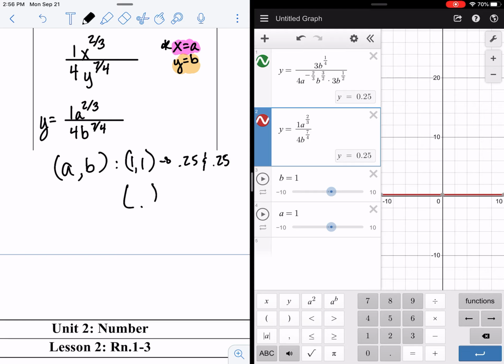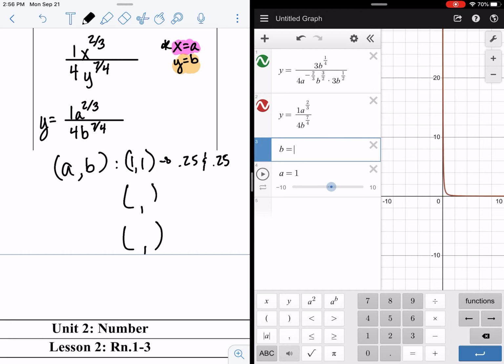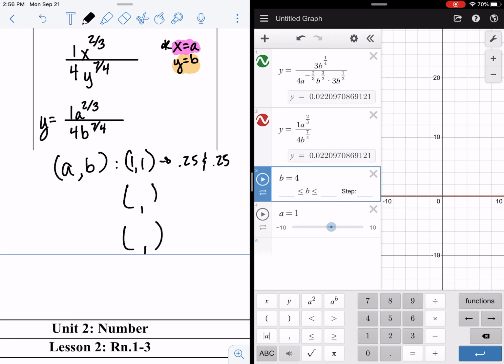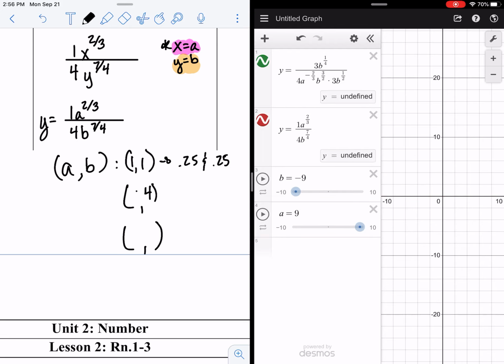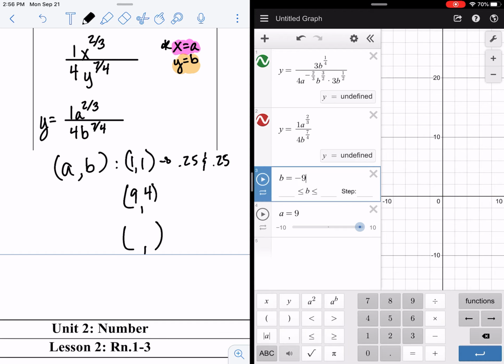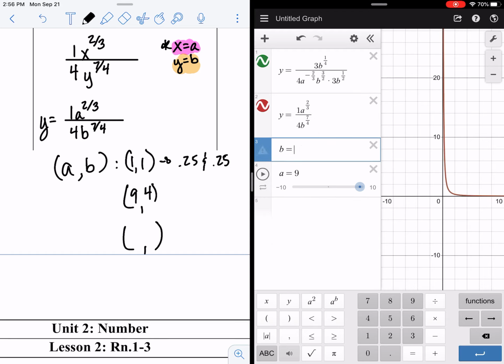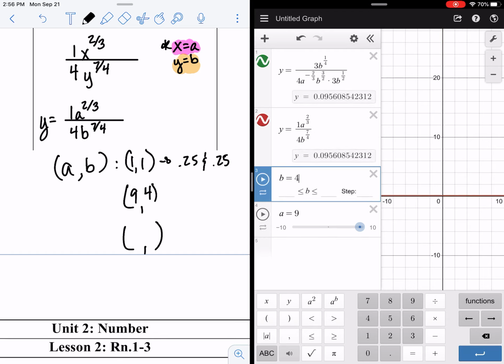Now, just like with quadratics, I need 3 points, random values that are positive. So I'm going to let B be 4. I'm going to let A be 9. And I see they both give me 0.095.